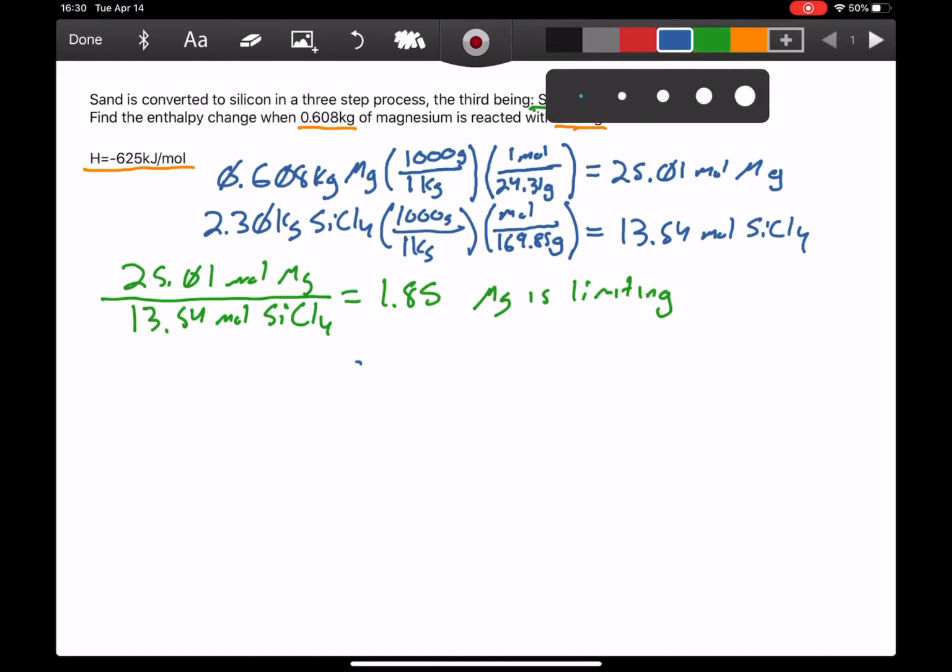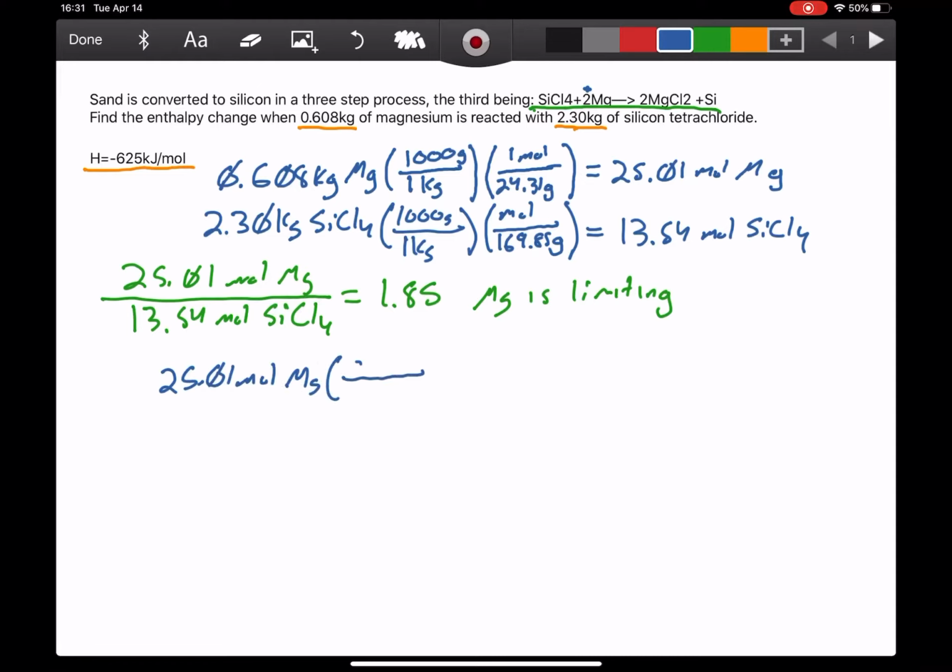So the next step is going to be 25.01 moles of magnesium, and 2 magnesiums for every 1 SiCl4, and we find that we're going to need 12.505 moles of SiCl4. And that will use up all of our magnesium.